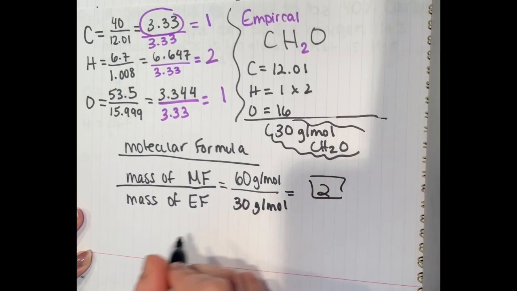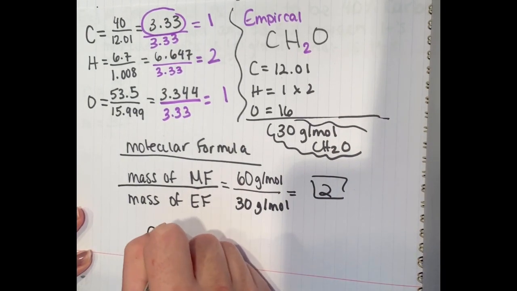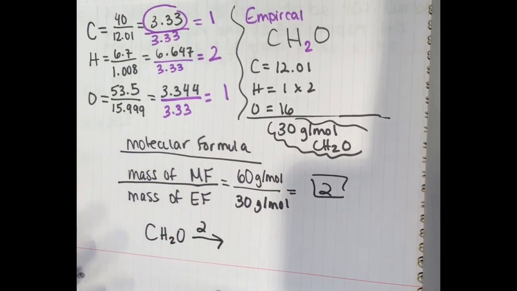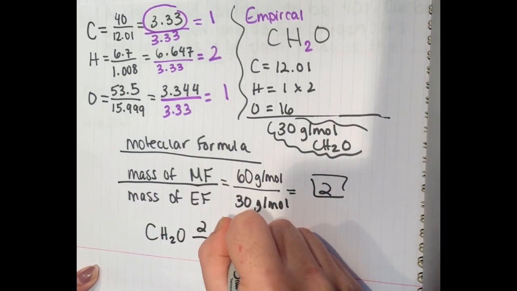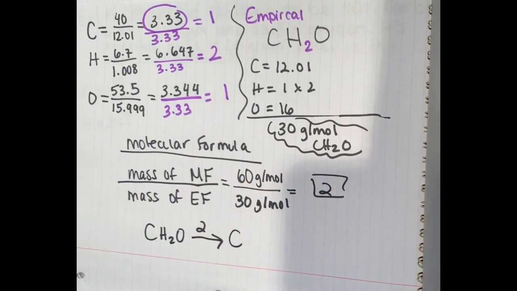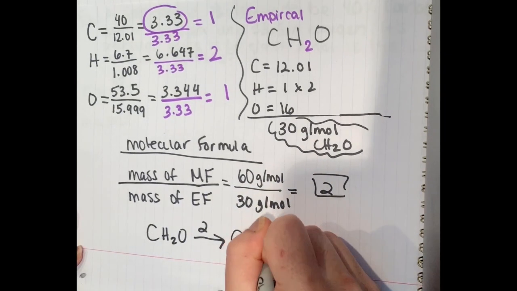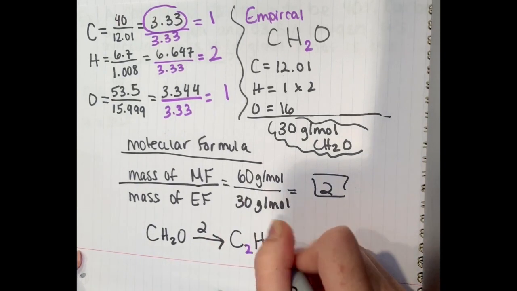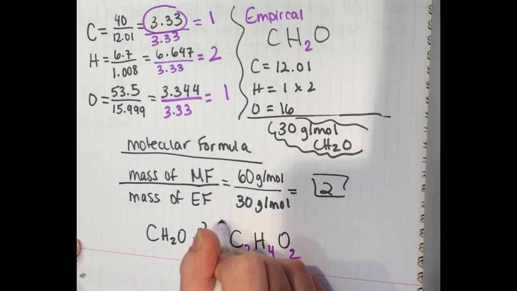So now I'm just going to multiply my empirical formula by that number to get my molecular formula. I'm going to distribute the 2 to each element. So I'm going to have now C2H4O2. Right?